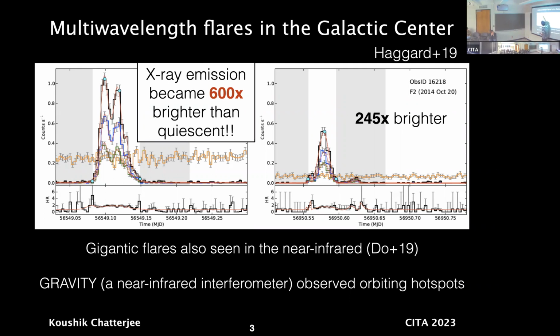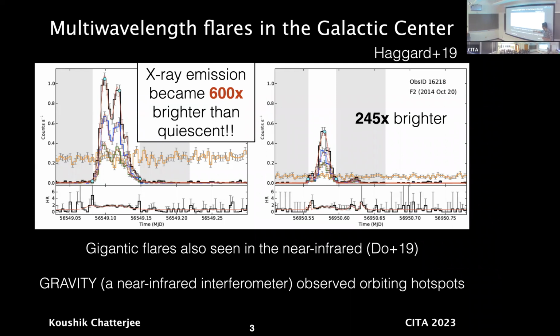And this is a huge flare that she saw, and there's another flare over here. The interesting part is that it's 600 times larger than the quiescent emission, and this one was 245. So these are the largest X-ray flares that have been seen from such a star.